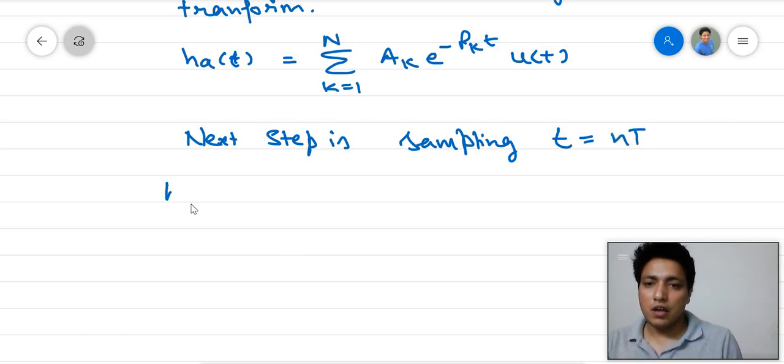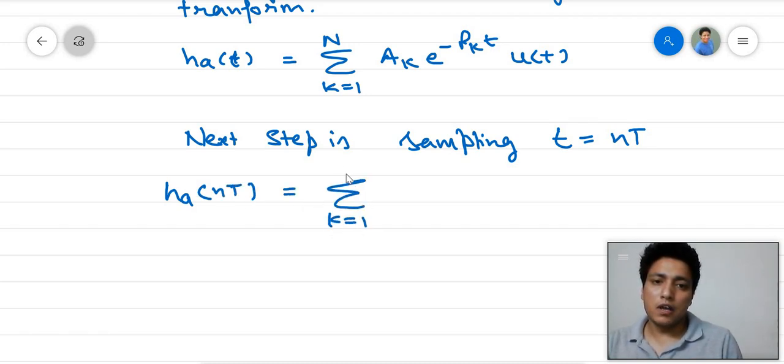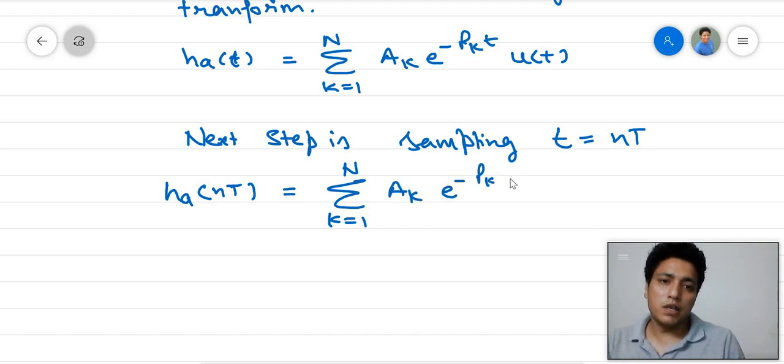Then h_a(nT) will be equal to summation k equals 1 to N A_k exponential minus p_k nT u(nT).